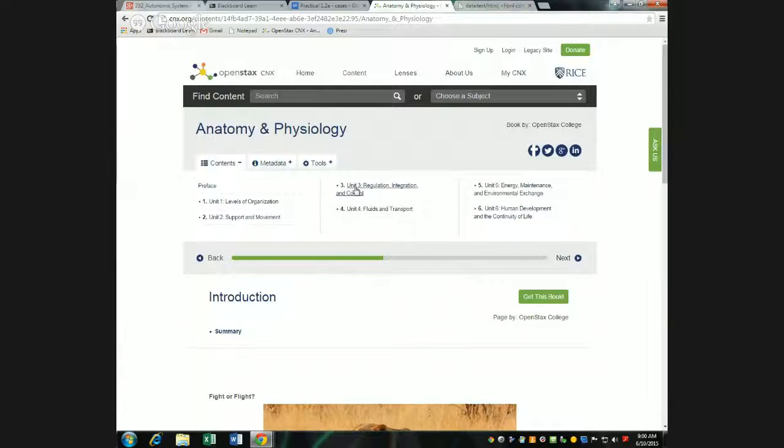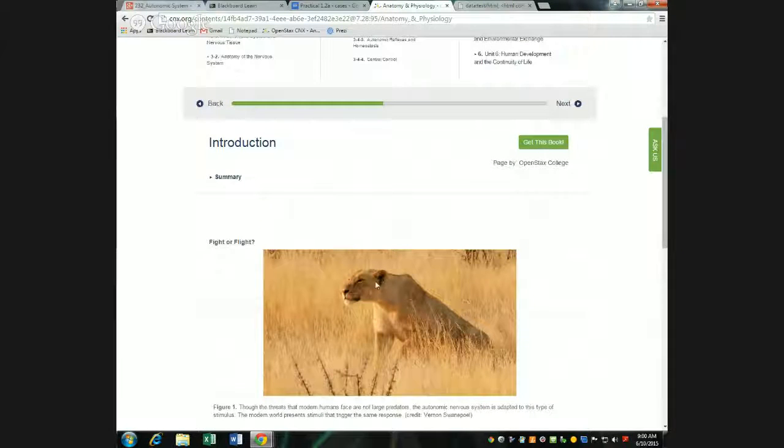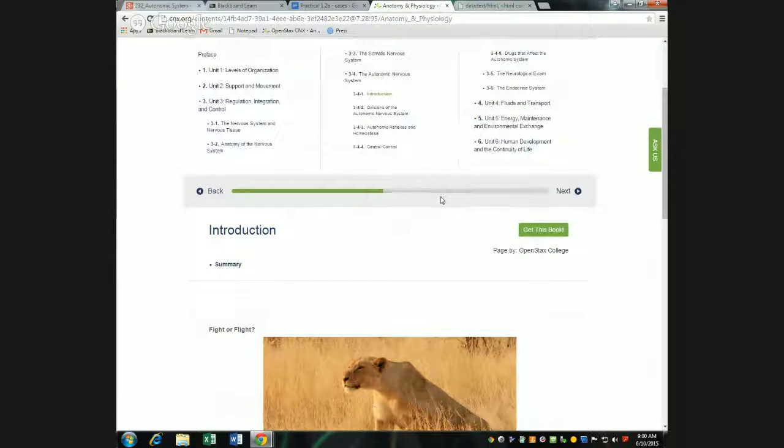In the book, as I'm talking about this stuff, there's a picture of a lioness here because another way of thinking about what the autonomic system does is one of the things it's responsible for is controlling what we call the fight or flight response.